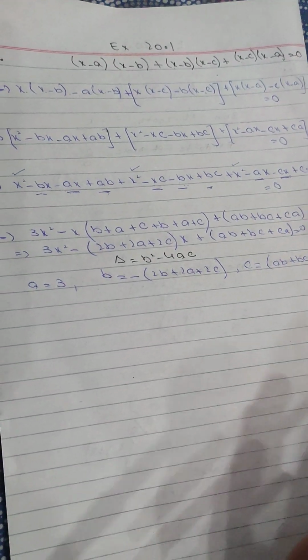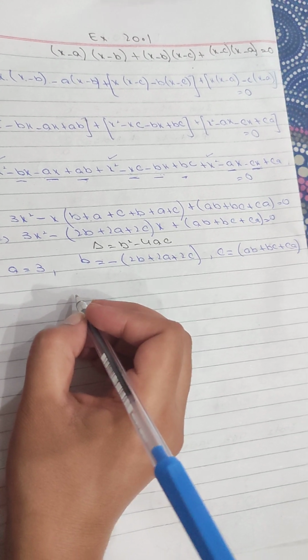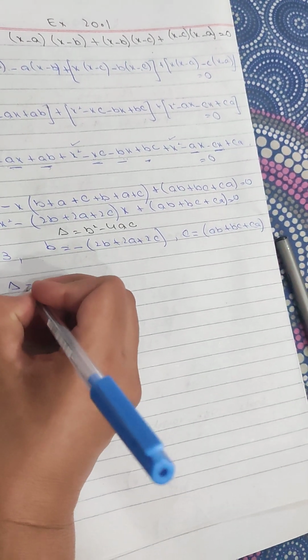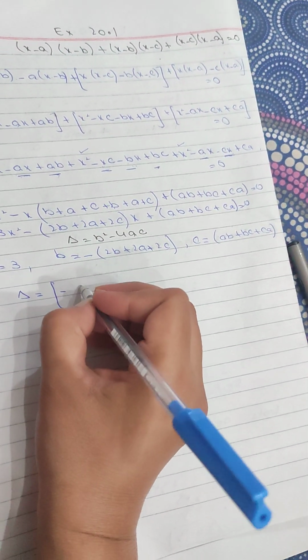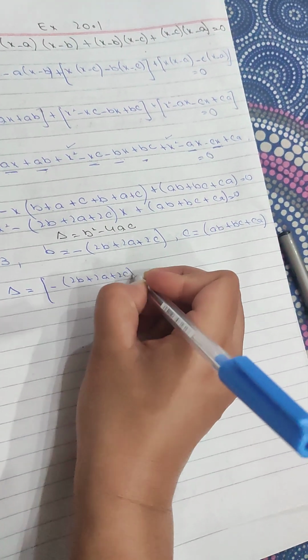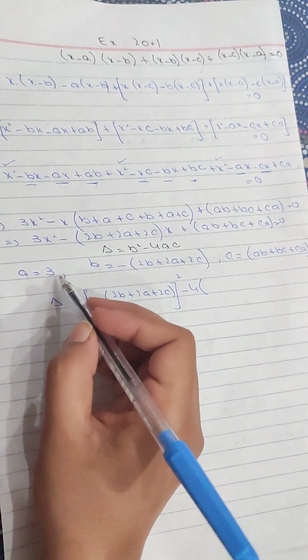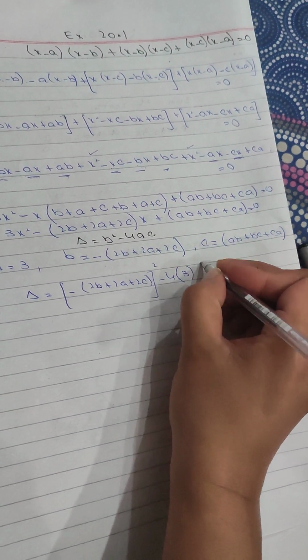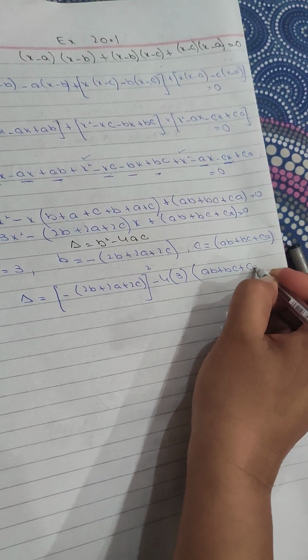So let's put the values. So it will be delta is equal to b square, means minus 2b plus 2a plus 2c whole square minus 4, a is 3 and c is ab plus bc plus ca.